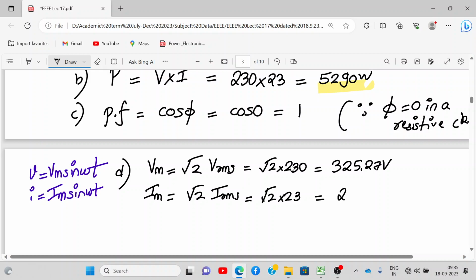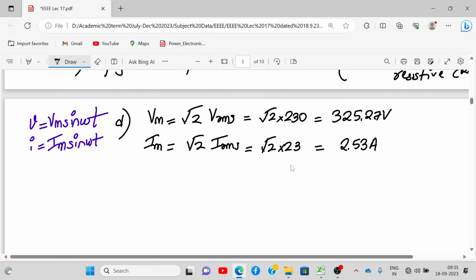And how much is Im? Vm is correct. Im is how much? 32.53. Please check these values.